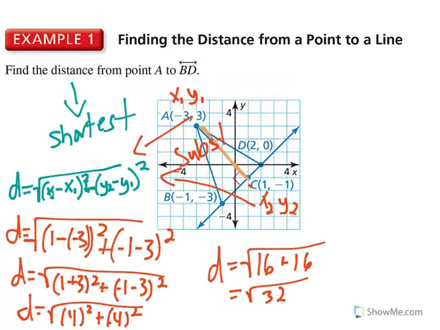So my exact answer would be the square root of 32, and I could leave that. There's nothing wrong with it. If I wanted an approximation, I could know that it's about 5.7. Okay, that would be the rounded answer, but my exact answer, I can just leave as the square root of 32.